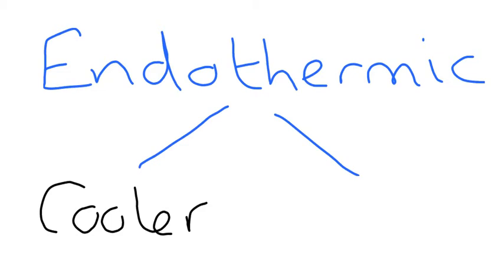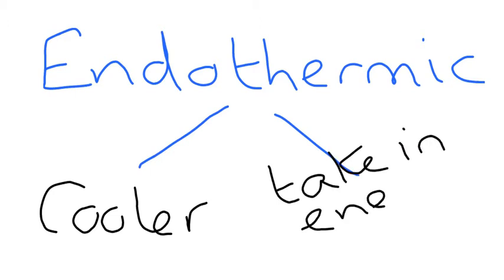The reason why endothermic reactions get cooler is because they take in energy. Now, most people would believe that if energy is taken in to chemicals, you would expect the temperature to increase. However, this energy that is taken in is actually used for something.